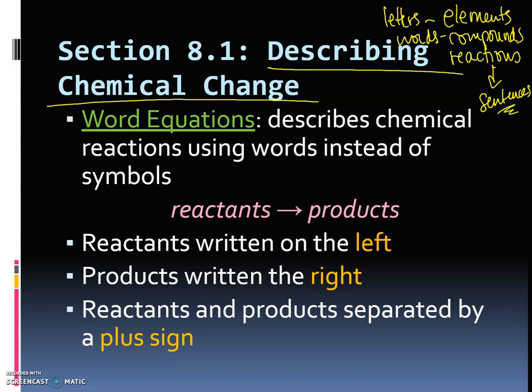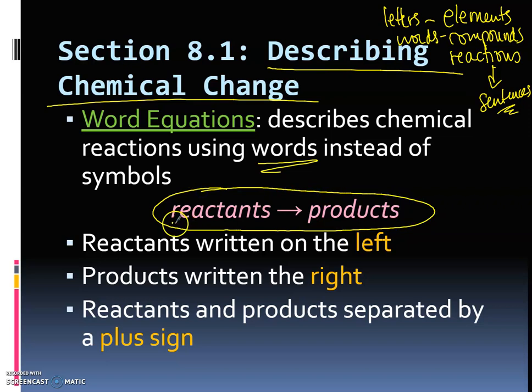All right, there are word equations that describe the chemical reactions, and they literally are a sentence. They use words instead of our symbols. And if we remember from what we did in the beginning of the year, the left side of a sentence is called the reactants. The right side are called the products. If you have more than one reactant, like H2 and O2, you put a plus sign between them.